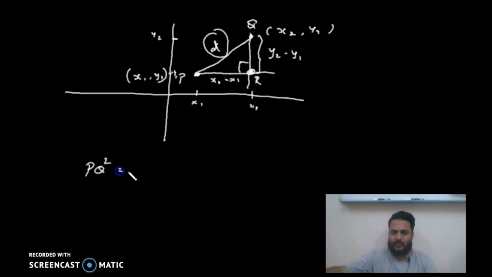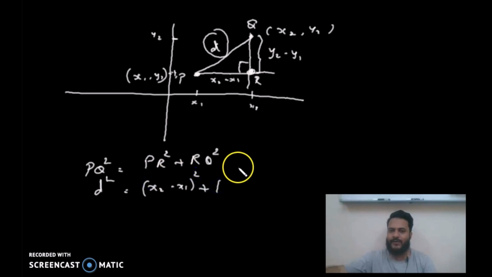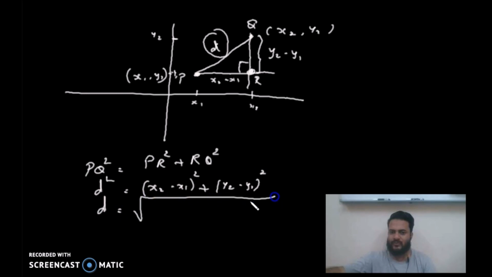So PQ power 2 is equal to PR power 2 plus RQ power 2. PQ is d, so d square is equal to PR power 2, where PR is x2 minus x1, plus RQ power 2, where RQ is y2 minus y1. So d is equal to square root of (x2 minus x1) whole power 2 plus (y2 minus y1) whole power 2 units, whatever we are giving over here.